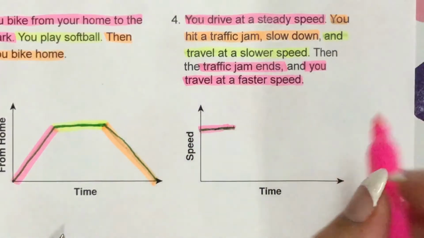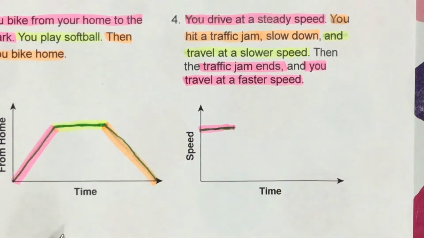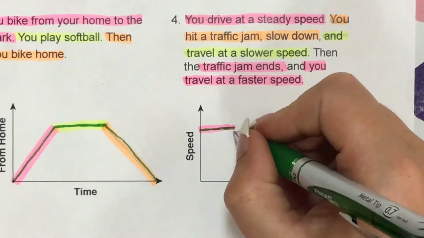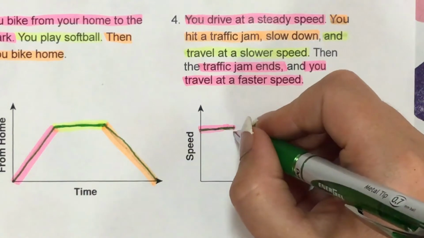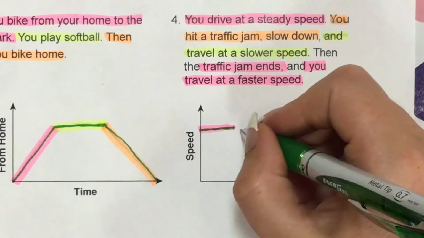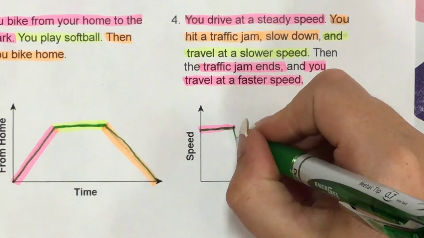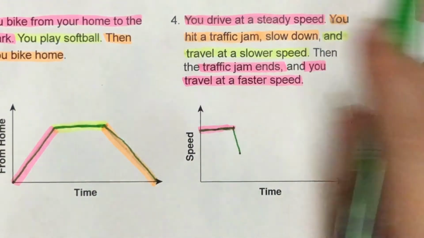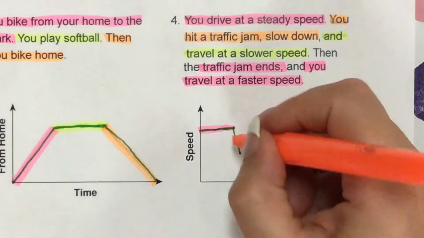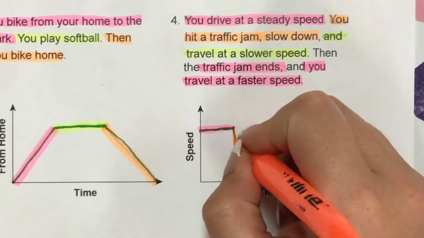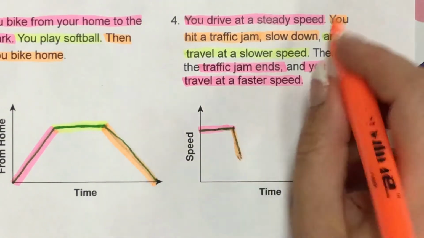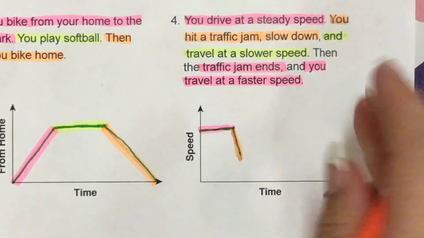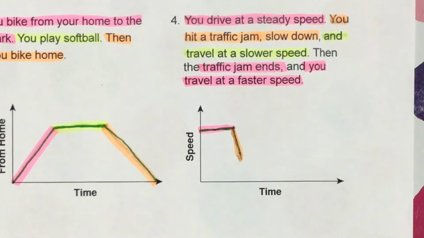Okay? Then what happens is you hit a traffic jam. So we're going at a steady speed and then boom, there's a traffic jam. And a lot of times when you see that traffic jam, you have to decrease your speed pretty rapidly. So you're slowing down, and that's a pretty rapid slowdown. So that would be this, you hit a traffic jam and slow down. And then travel at a slower speed.